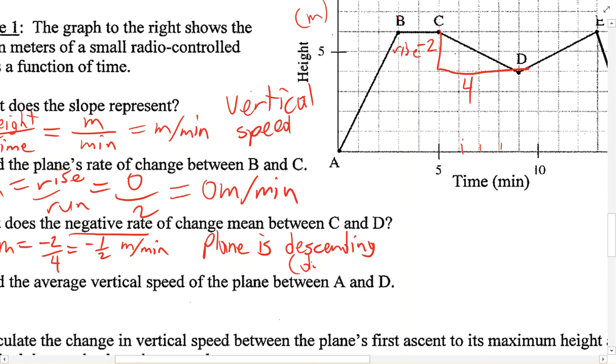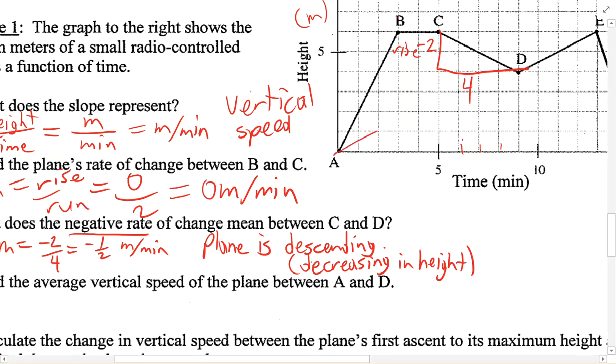Decreasing. Okay. So that's what the negative slope means. Good. What's the average vertical speed between A and D?